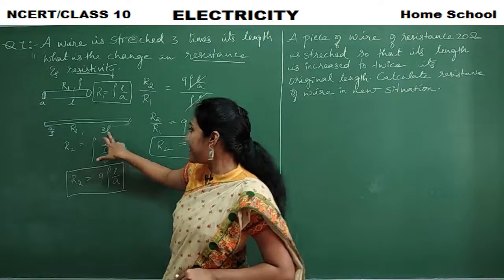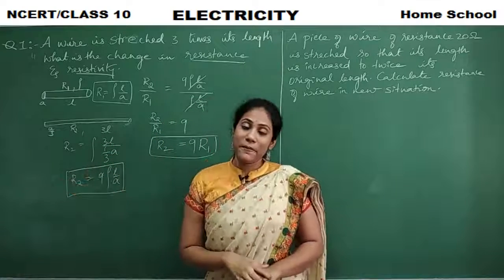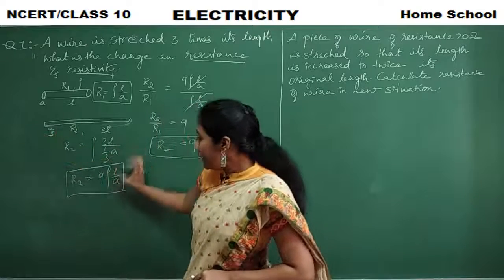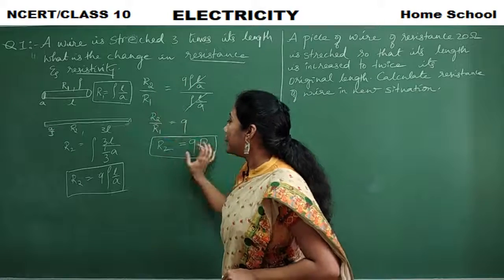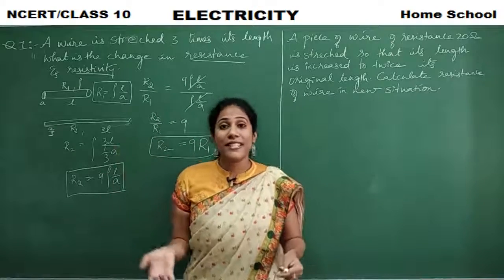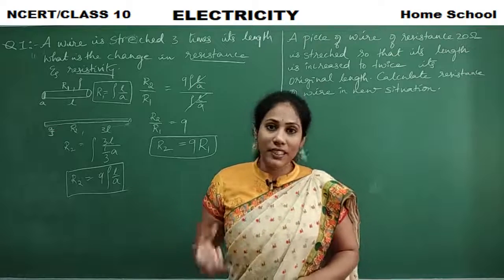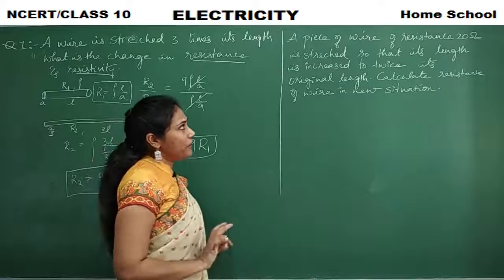When length is increasing by 3 times, our area will decrease by 1 by 3 times. So you have to consider the change in area also, then substitute in the formula and carefully take a ratio, and you will come to know how many times the new resistance has changed compared to the original one. Fine.